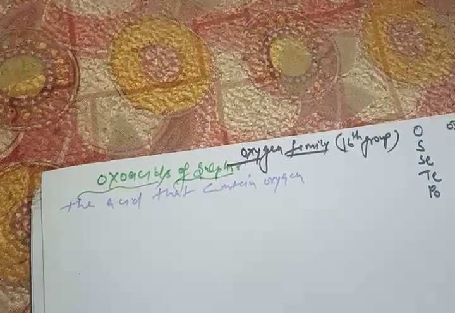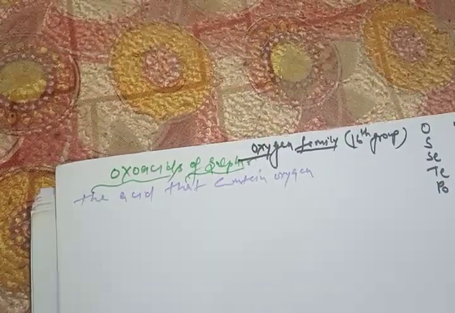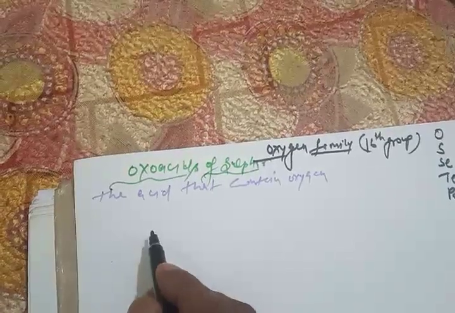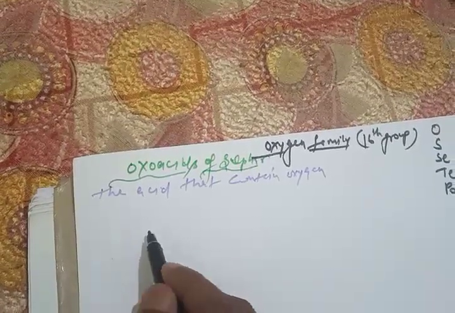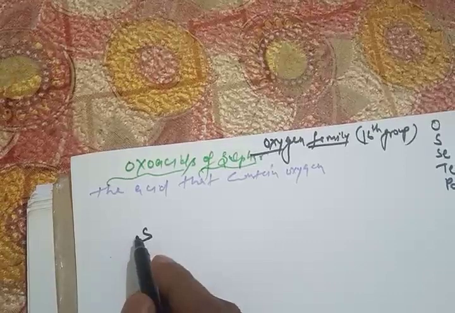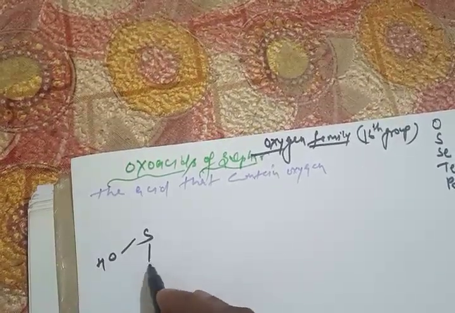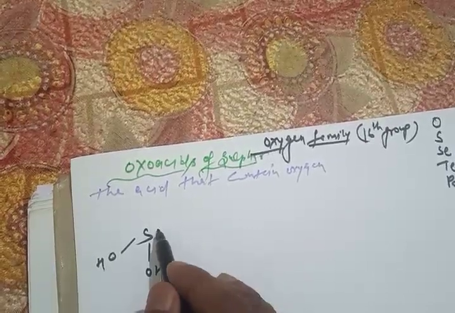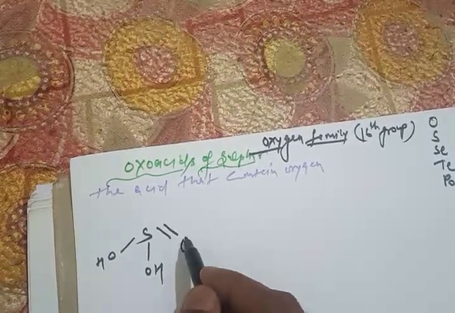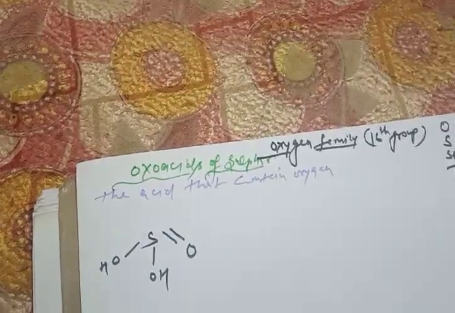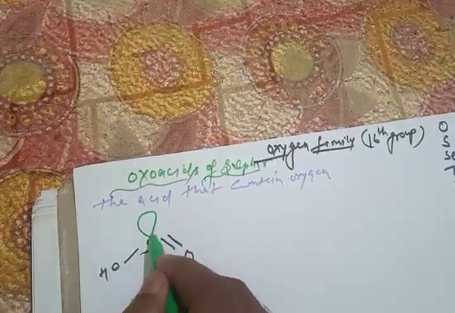So for sulfur, the very first is sulfurous acid. How will we draw the structure of sulfurous acid? See, S with OH, then S with OH, and a double bonded O, with a lone pair. So this is the lone pair.